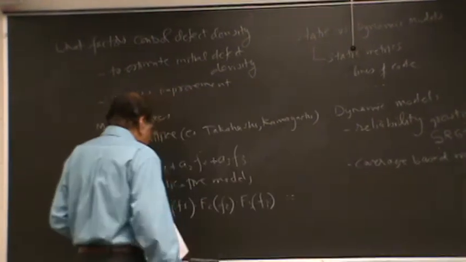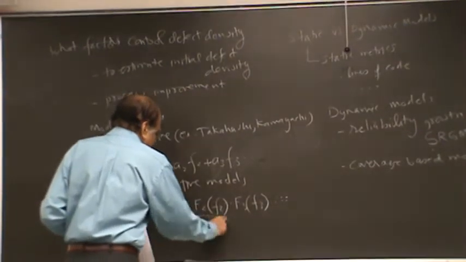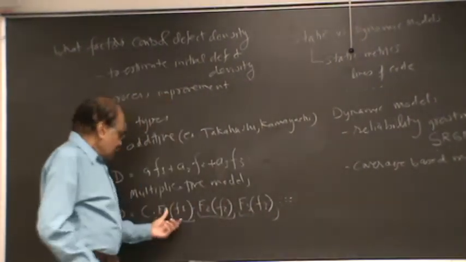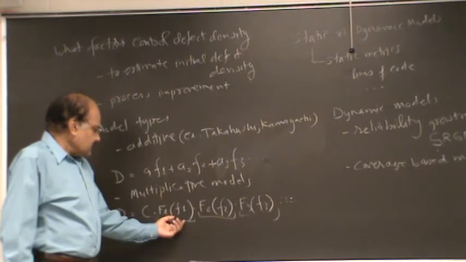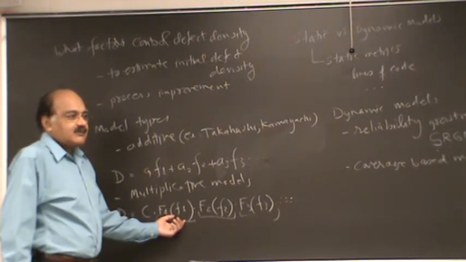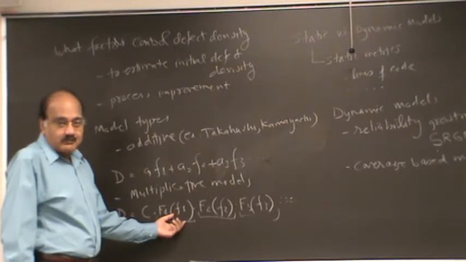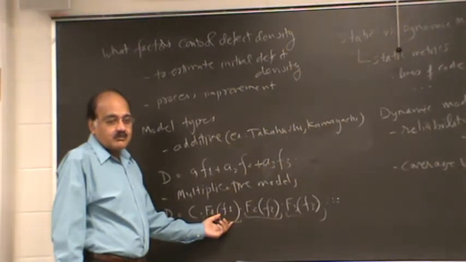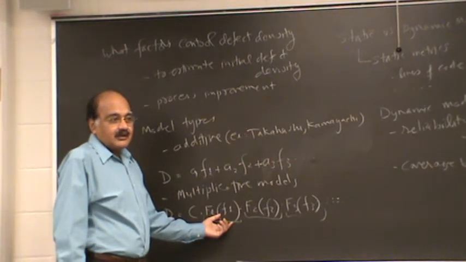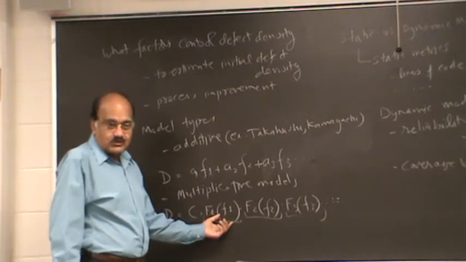and so on. So the basic idea is, some factor may increase the defect density by a factor of, let's say, 1.25, or may decrease it, and it might cause a multiplication by 0.70 and so on.